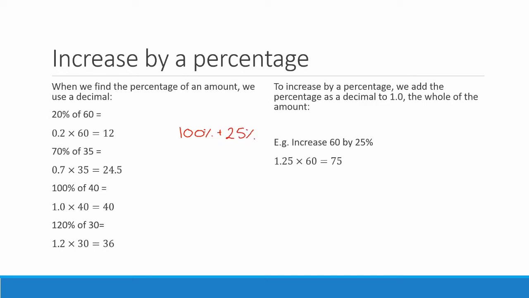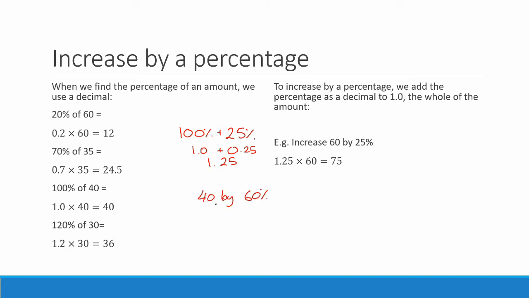And if I was to turn these then into decimals by dividing both of them by 100, I would end up with 1 here, and I want to add on another 0.25. So this is where that 1.25 comes from. It's my original amount that I'm keeping, 100% of my original amount, and then the amount I'm increasing by another 25%.